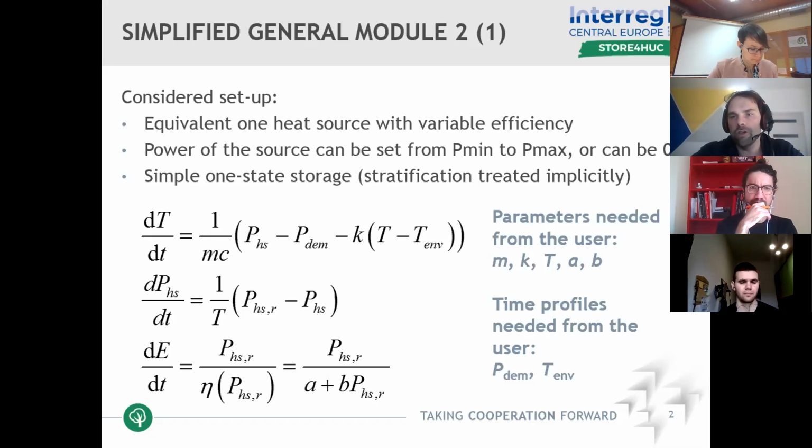And if this storage is not exotic, for instance, like the storage in Lendava, then such a mathematical setup could be enough to provide the user with advice on how to run the system.